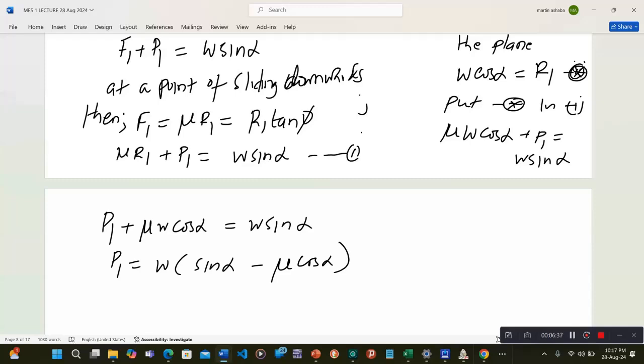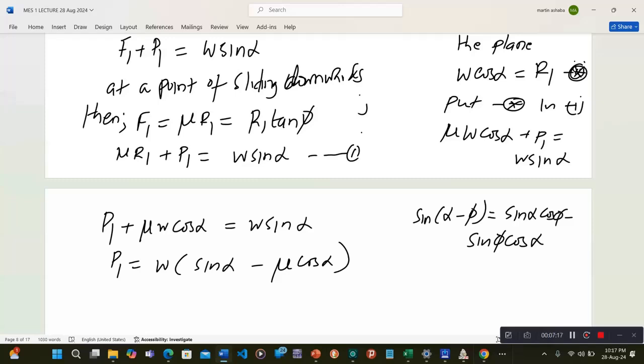Okay, I want to introduce a concept. If I multiply this sin alpha by cos phi, I want to bring in the concept of sine of alpha minus phi. This is equal to sine alpha cos phi minus sine phi cos alpha.